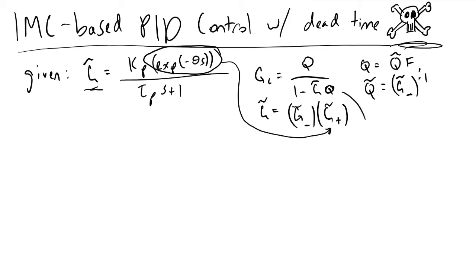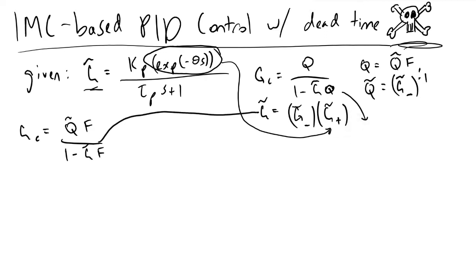And so if we continue to rewrite what our controller transfer function is and we expand it, we'll plug in the definition of Q and recognize that now GC is equal to Q tilde times our filter F divided by 1 minus G tilde times F.